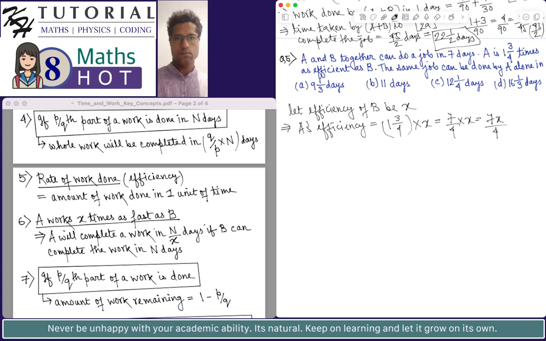So efficiency of B as per our assumption is X, and A's efficiency will be 7x by 4.